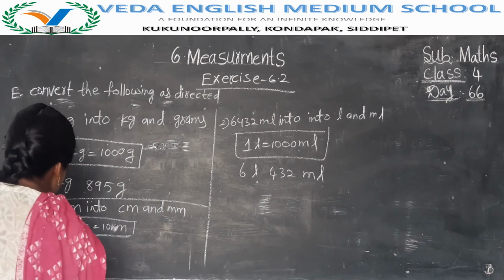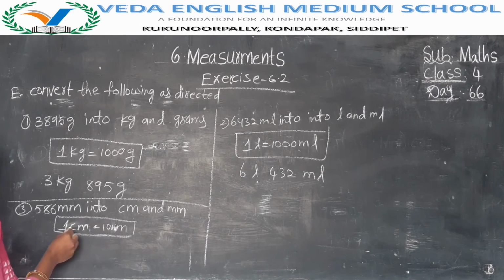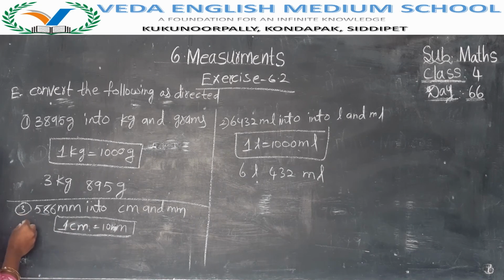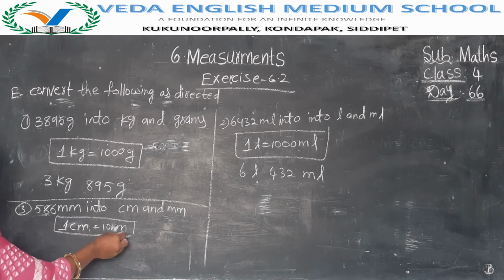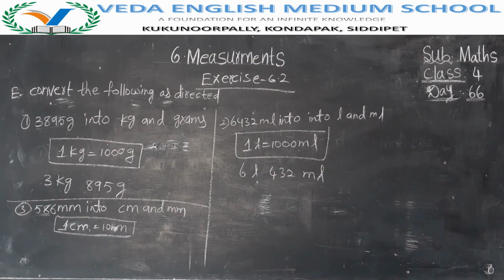Here you have to say 1 centimeter is equal to 10 millimeters, no? So 58 centimeters means 580 millimeters. So you have to say that it is 58 centimeters and 6 millimeters.